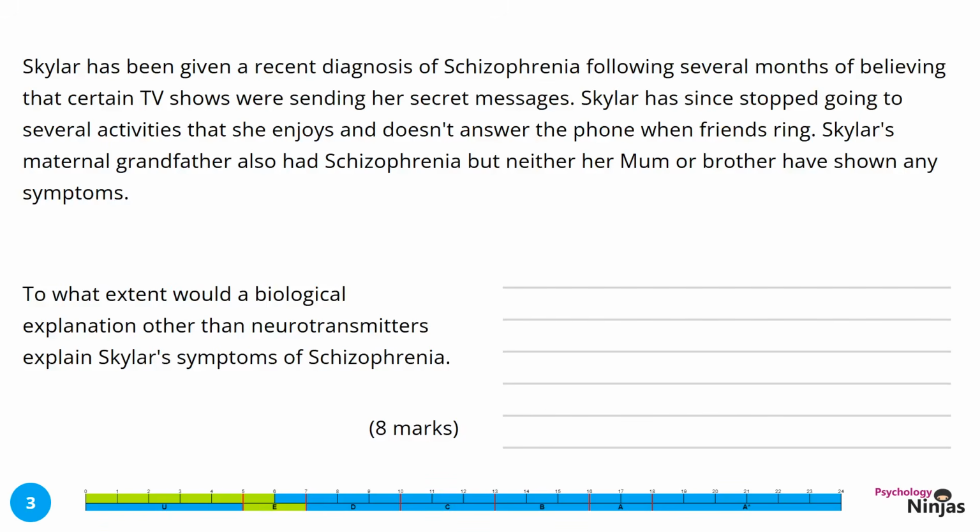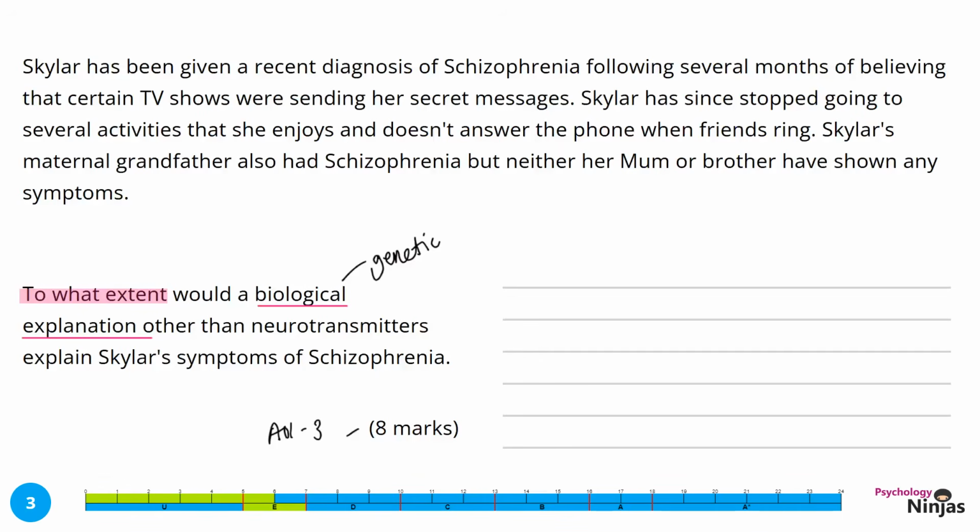Here we have the command word to what extent, which means we need to explain and evaluate. We're being asked to explain a biological explanation other than neurotransmitters, which means we need to look at a genetic explanation for schizophrenia. We get 3 marks for explaining our genetic explanation.